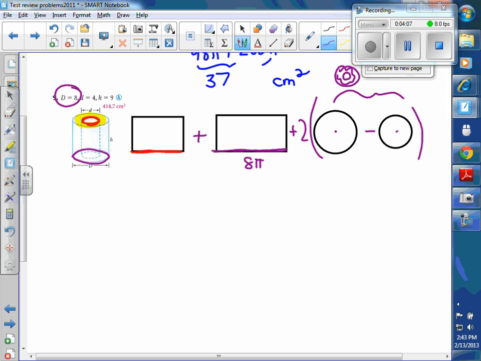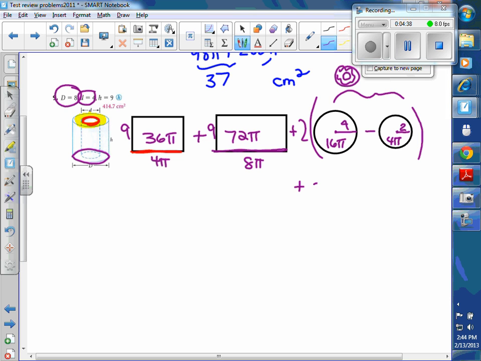And then the little d is 4, so this is 4 pi. And then the height of these are 9. And the radius of the big circle is 4. The radius of the small circle is 2. Does that make sense? So then you have 36 pi, 72 pi. This is 16 pi, 4 pi.